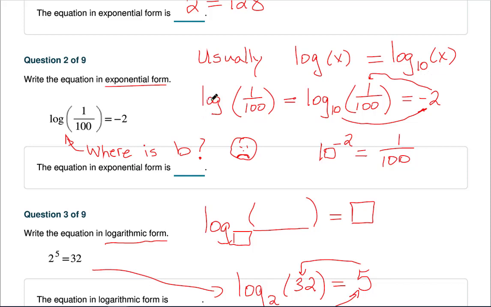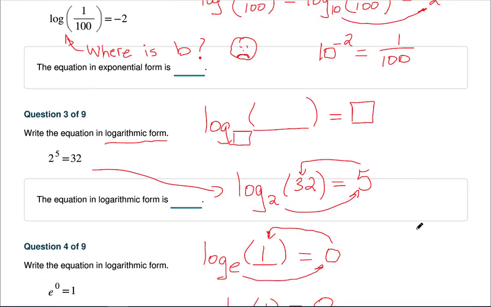So log with no base of 1 over 100 is really log 10 of 1 over 100 equals minus 2. And so base raised to the answer must equal the thing on the inside.